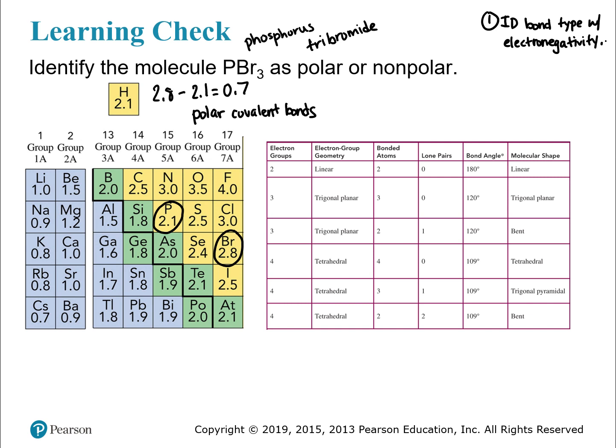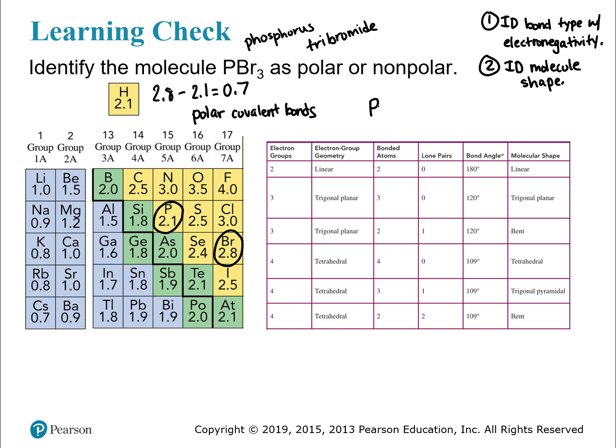You'll be provided with that information on the exam. You don't need to memorize these. The second thing we have to do is figure out the shape of the molecule. To do that, we have to use Lewis structures.